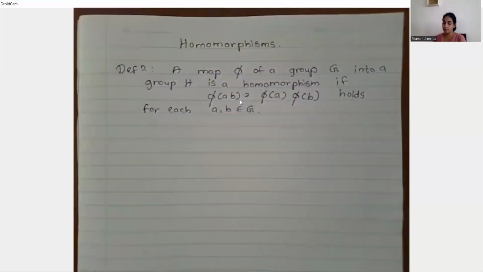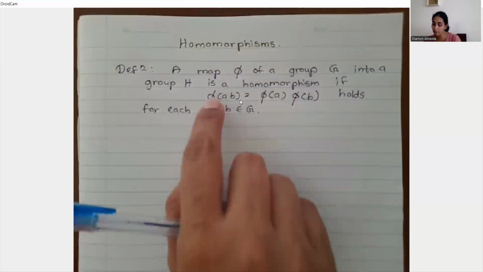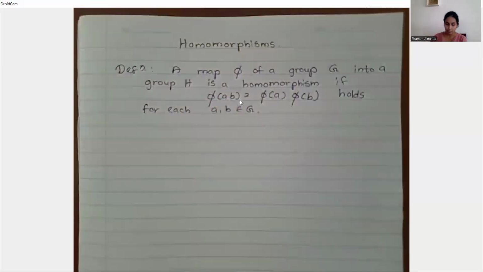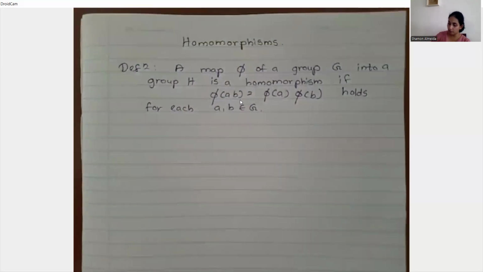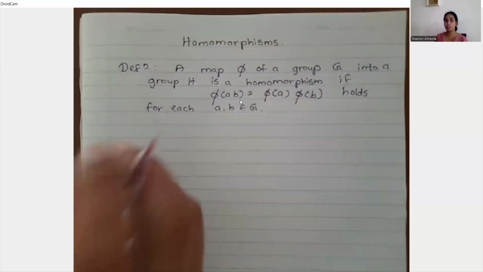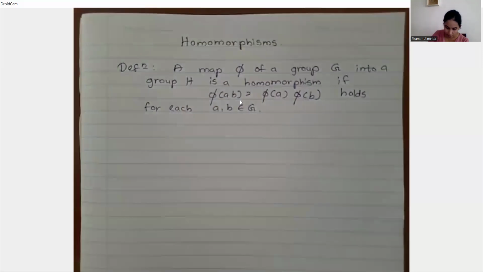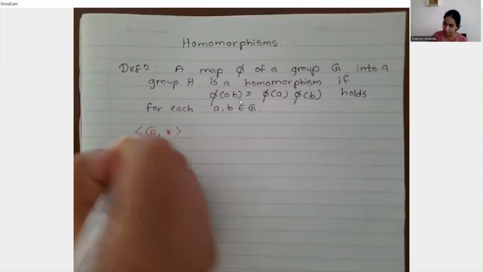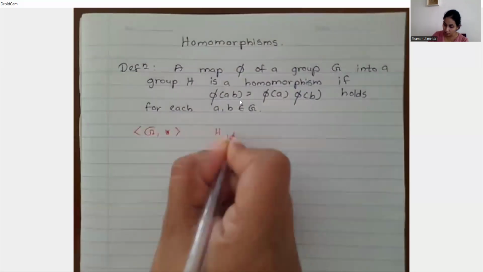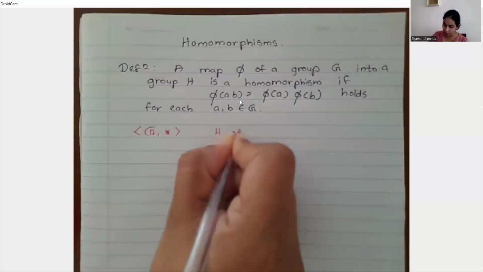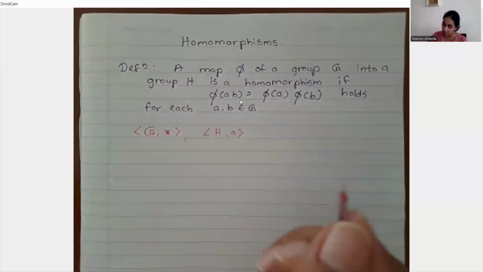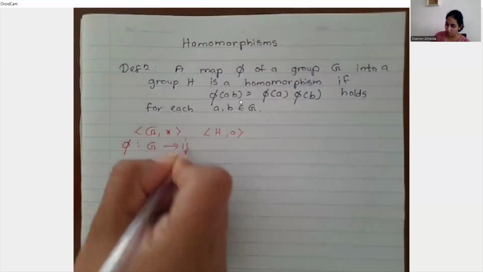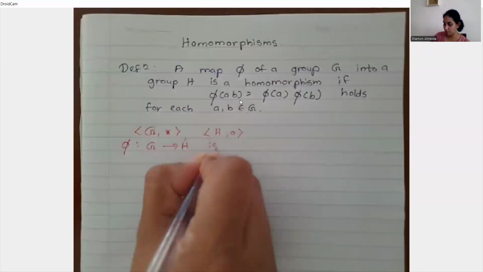Right, so what does it mean? You see over here, phi of AB, a product. What does it mean? If I explicitly denote the binary operations on G and H, if I take G to be the group under the binary operation star, H to be the group under the binary operation, let's take the little circle, then phi from G to H is a homomorphism.